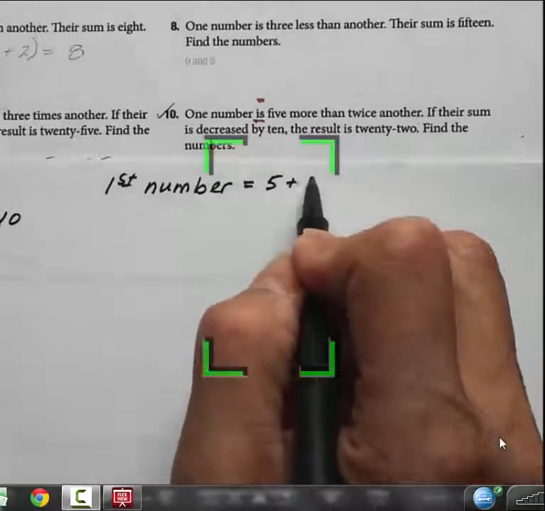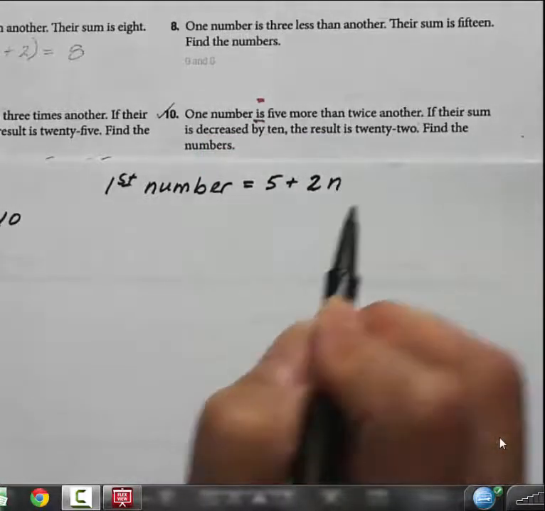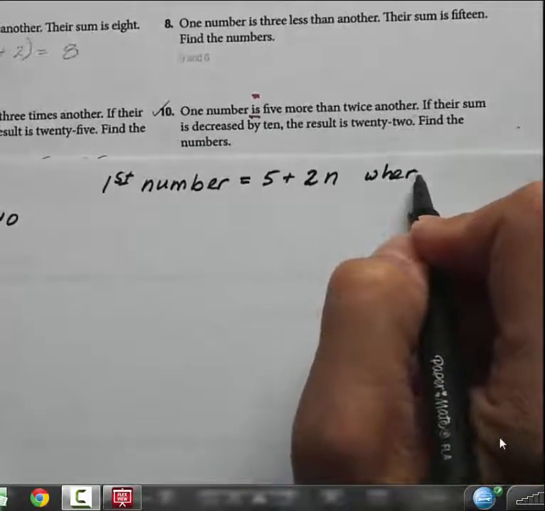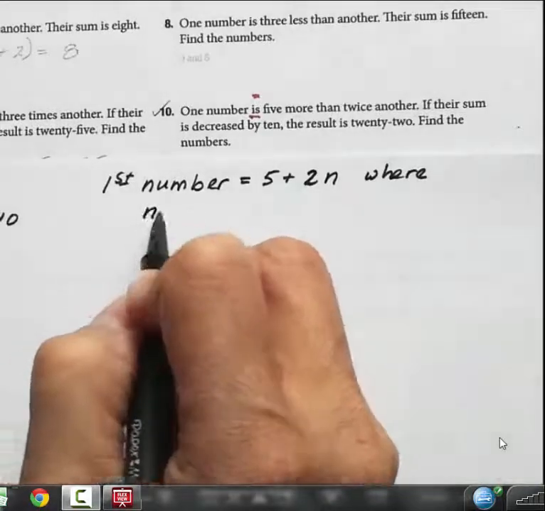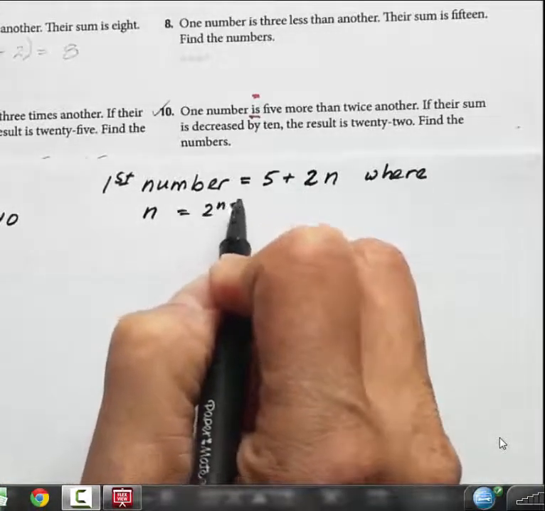So twice some other number, and we're just going to call that n, where n is my second number.